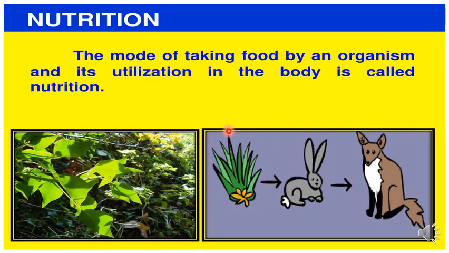Then nutrition, the mode of taking food by an organism and its utilization in the body, is called nutrition. Plants get nutrition by preparing the food themselves, whereas animals get nutrition by eating food which is sourced from plants or animals.